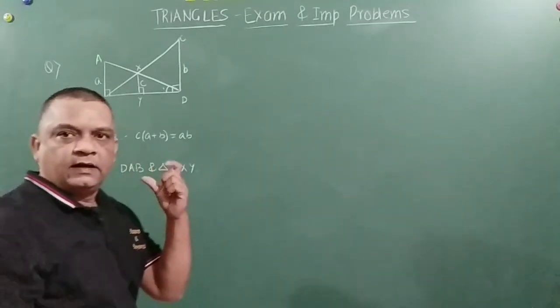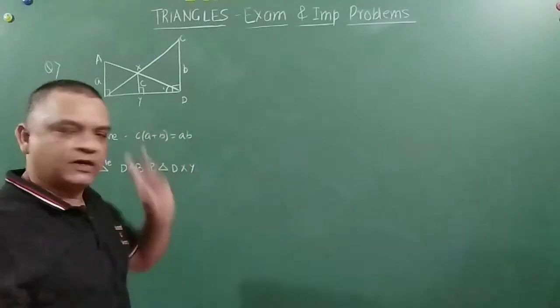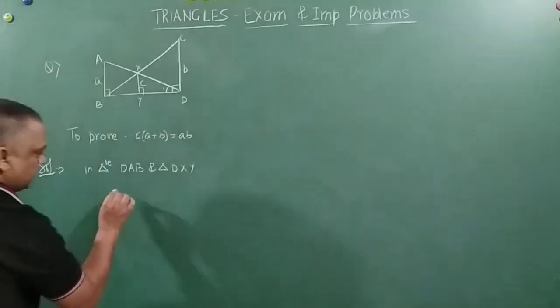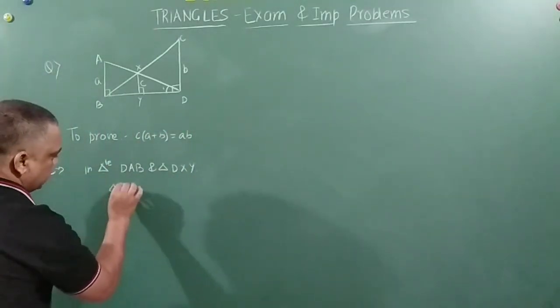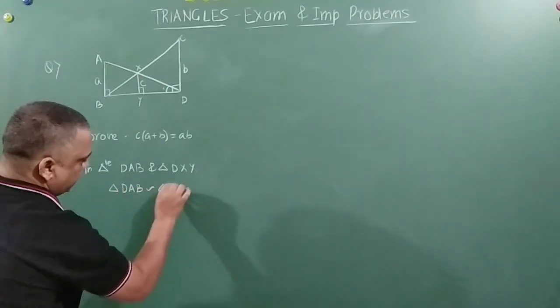So with the AA criterion, we can say that these two triangles are similar. So triangle DAB is similar to triangle DXY.